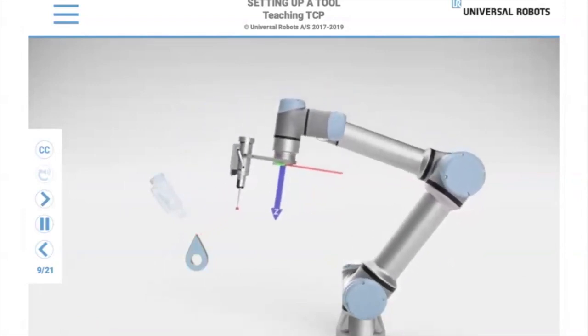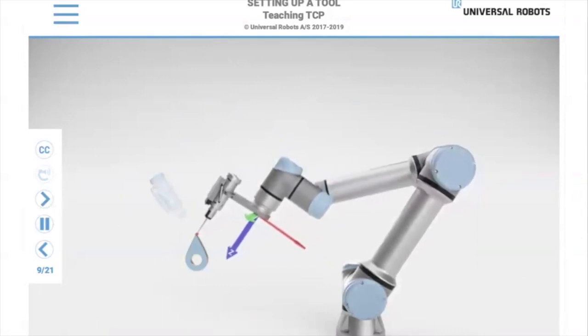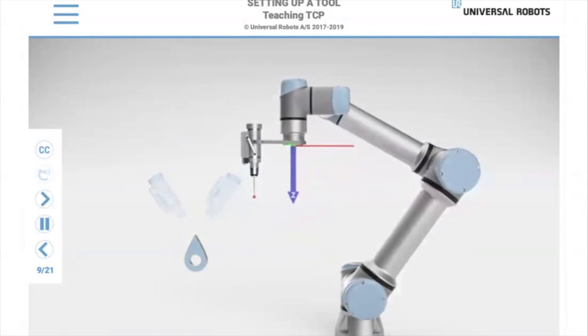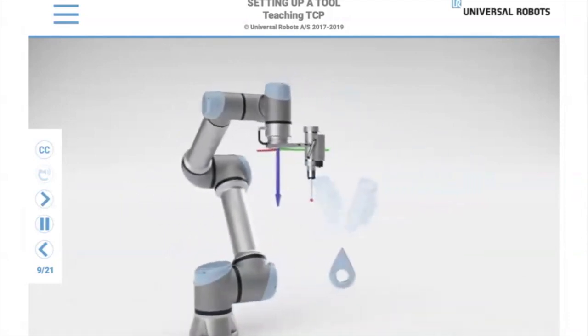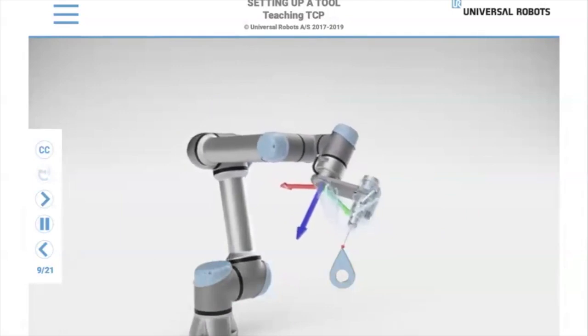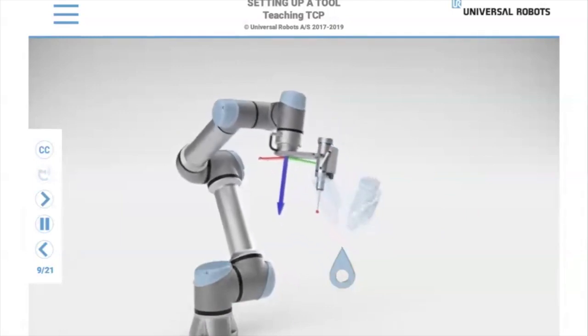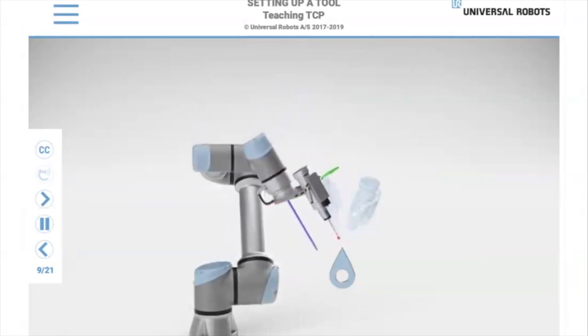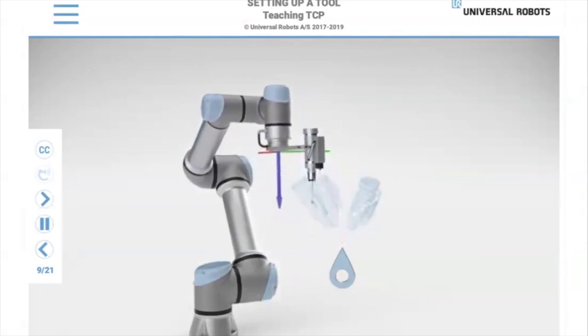Then move the TCP to the same point, but from another direction, and save the point. Repeat from different directions until you have 4 points. The robot can now calculate the TCP position.